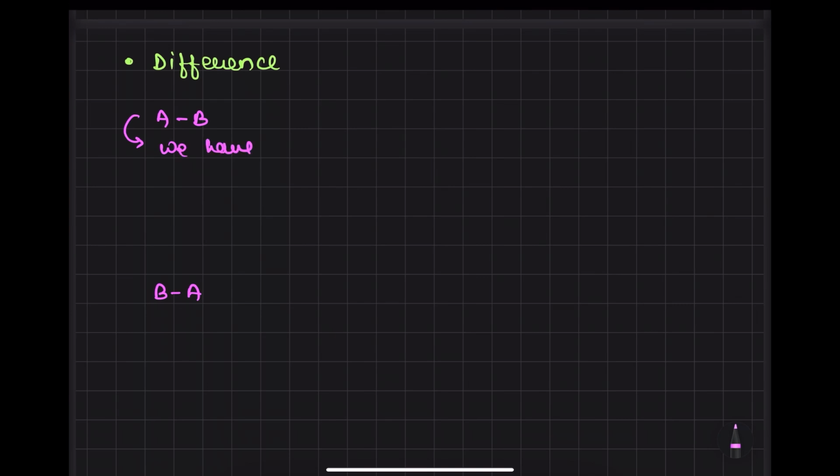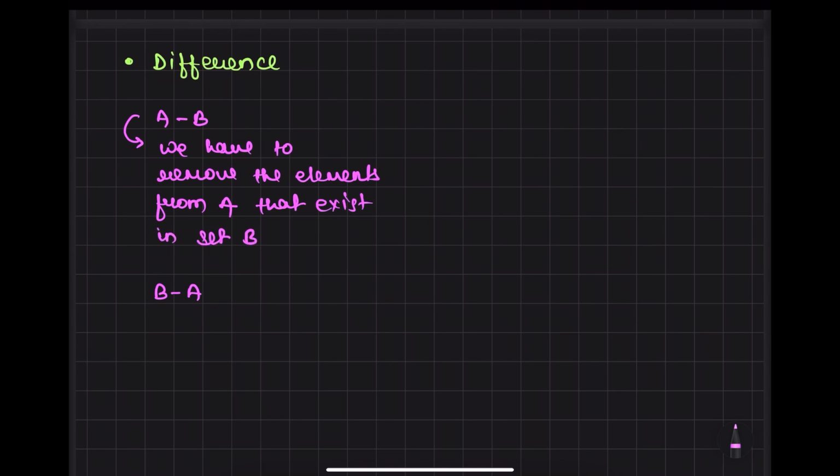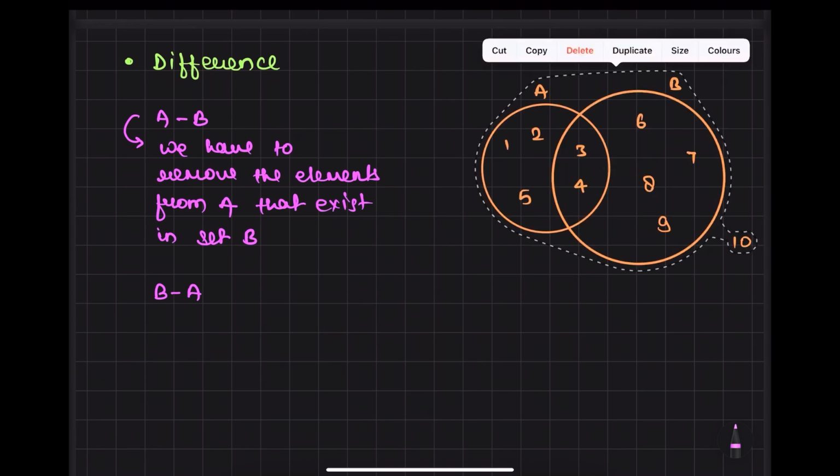We have to remove the elements from A that exist in set B. So you have to remove elements from set A that exist in set B.